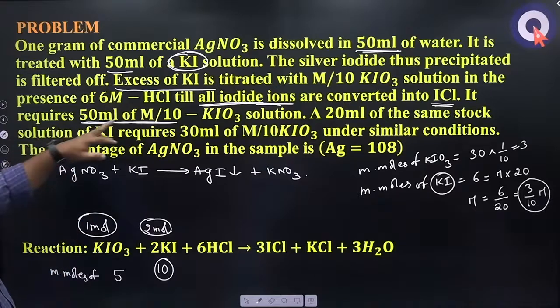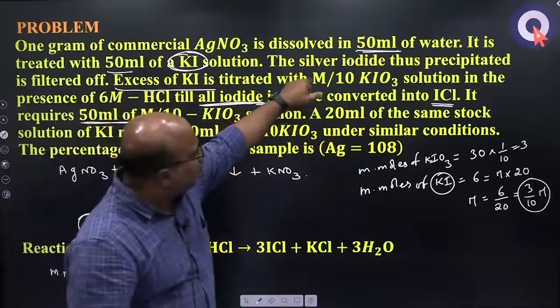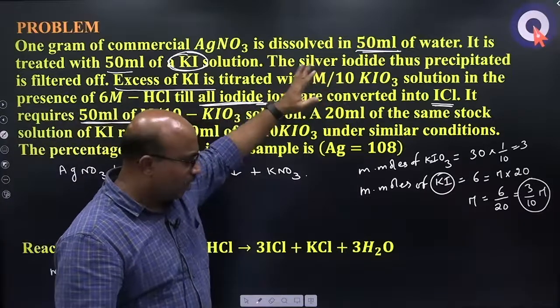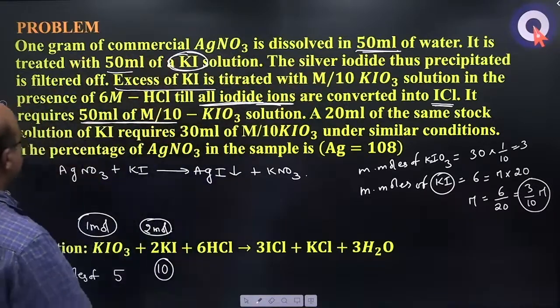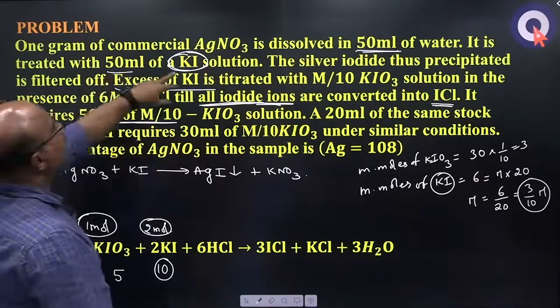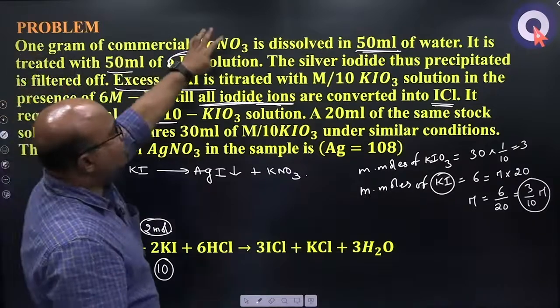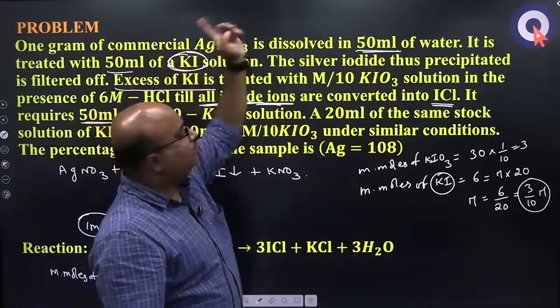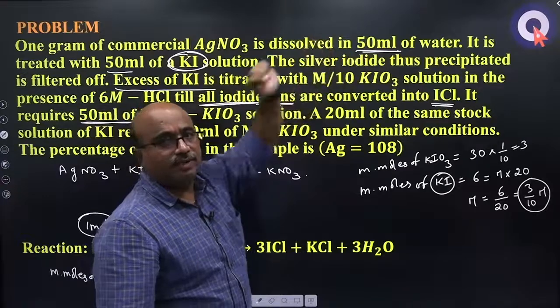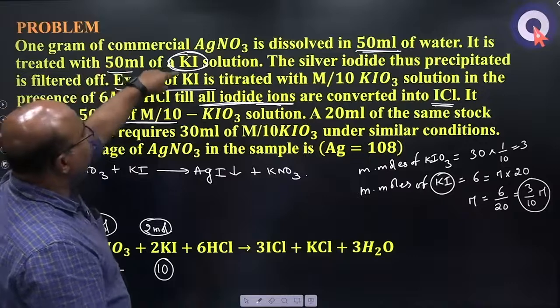So maybe this process is not anyhow required. Maybe they wanted to do something, but this information was not that useful for us. Now we know the concentration of KI. So we have some x grams of AgNO3 in 1 gram of sample, which we dissolved in 50 ml and treated with 50 ml of KI solution.